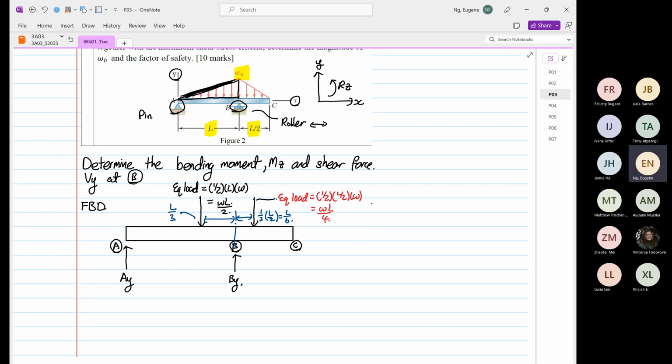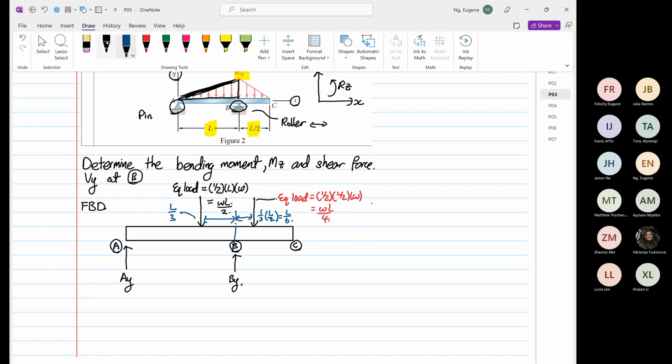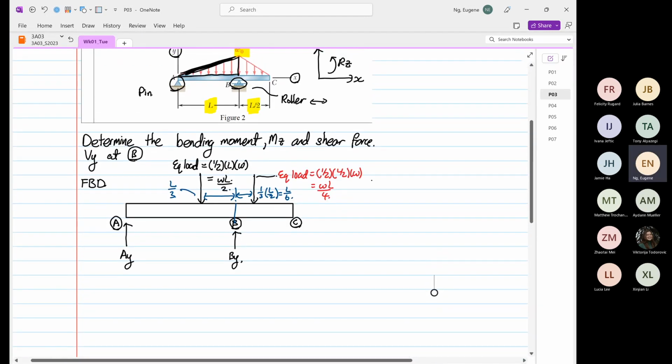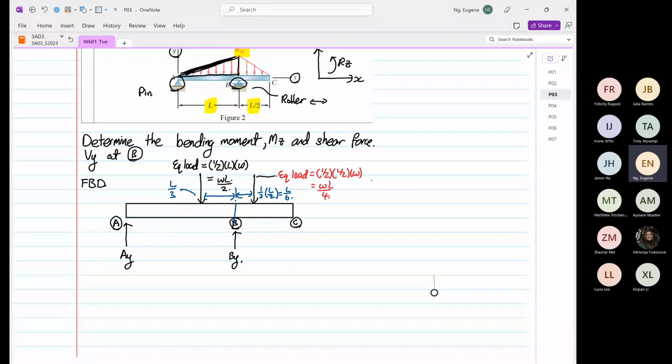So the next thing we're going to do is we're going to determine the reaction. So whatever you learn in 2P04, or the statics and strength of materials course, do not forget, you need it a lot in this course over here.